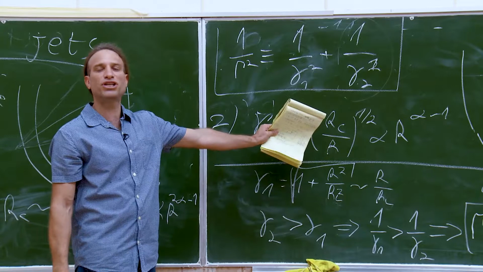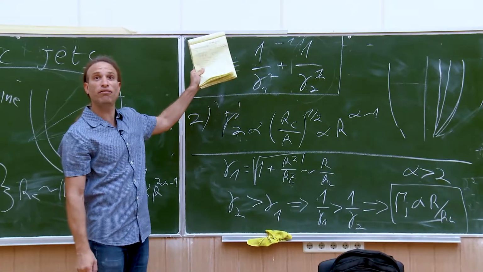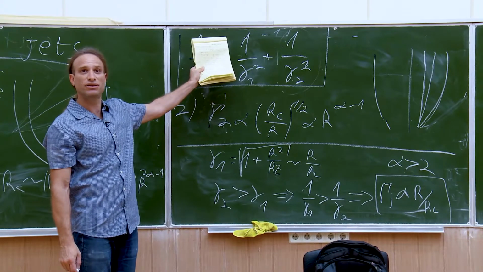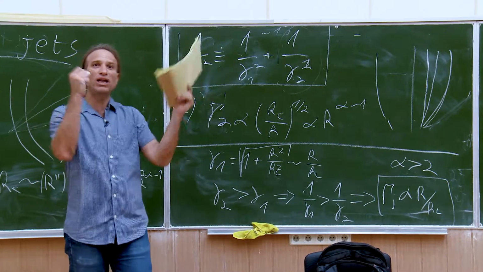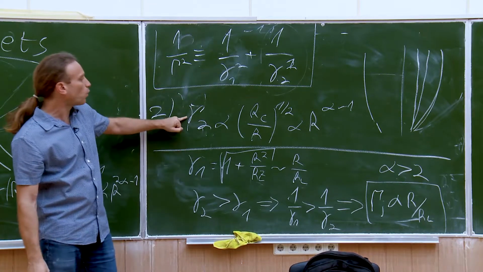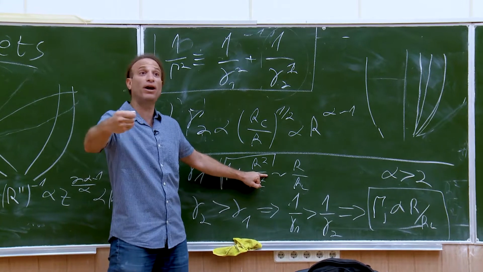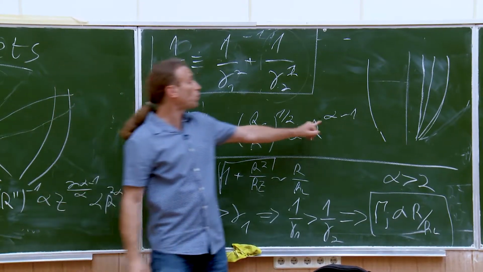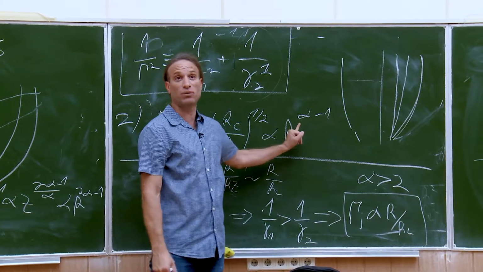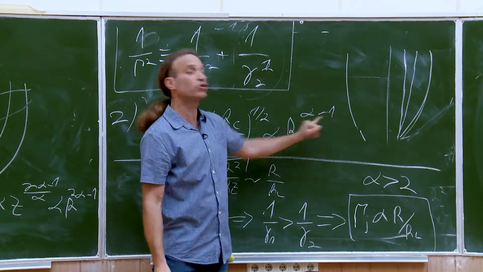Did you follow this logic? This is the expression that I need. This is the full expression of the acceleration. So when the jets are narrowly collimated, again, gamma 1, which is proportional to R, is developing slower than gamma 2, which goes like a power of alpha minus 1, which is a quantity that is larger than 1, because, for example, 3 minus 1 is 2.